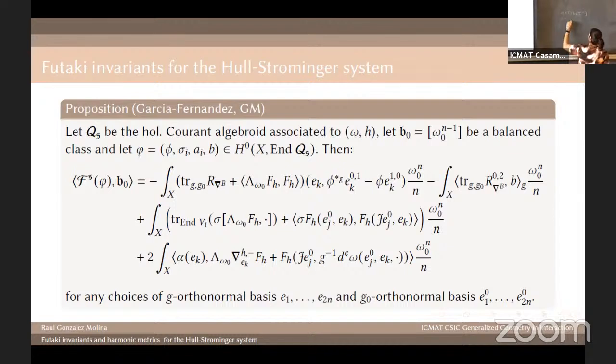Sigma is an orthogonal section of the endomorphisms of the holomorphic vector bundles with respect to the trace pairing. The a_i are zero forms in this bundle. And B is just a 2-0 form. So it is just to give you a glimpse of what computing this Futaki invariant is really about. It can be quite complicated.